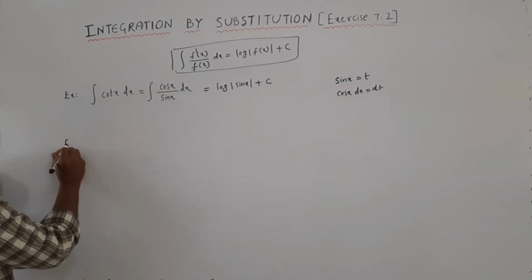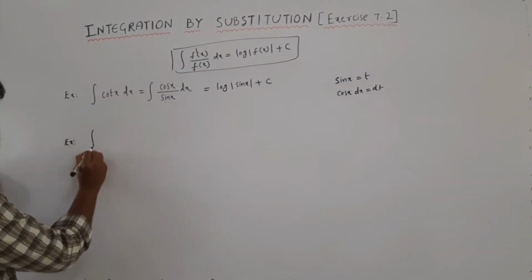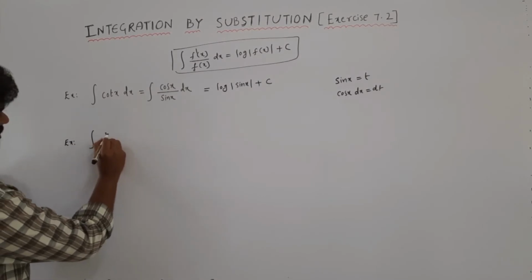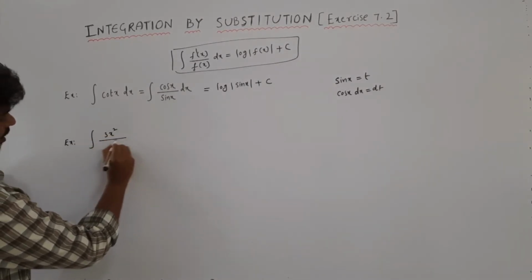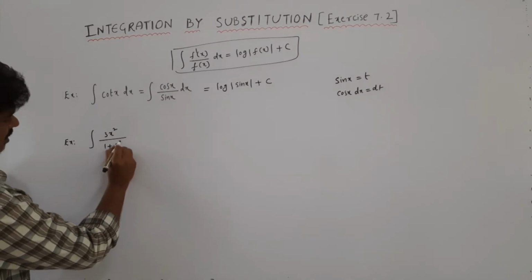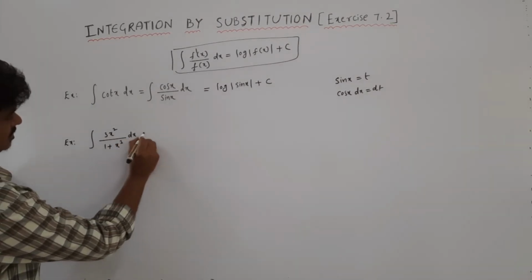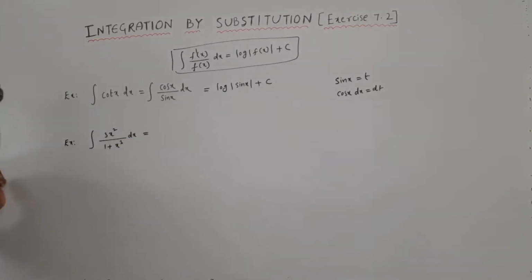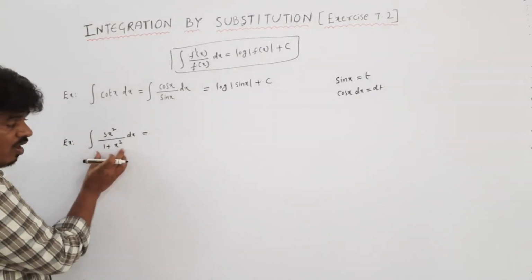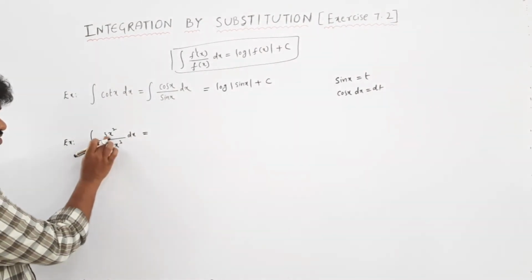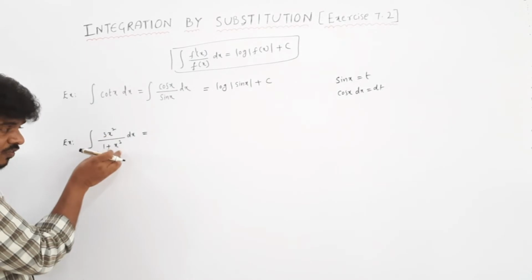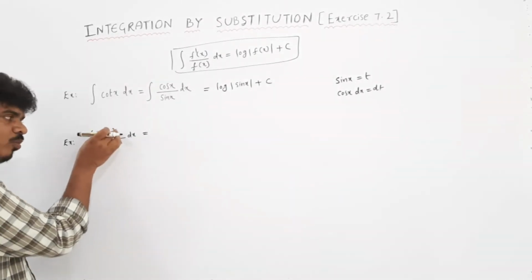What is the integral of 3x square divided by 1 plus x cube dx? Here, what is the derivative of 1 plus x cube? 3x square. The derivative of the denominator is there in the numerator.